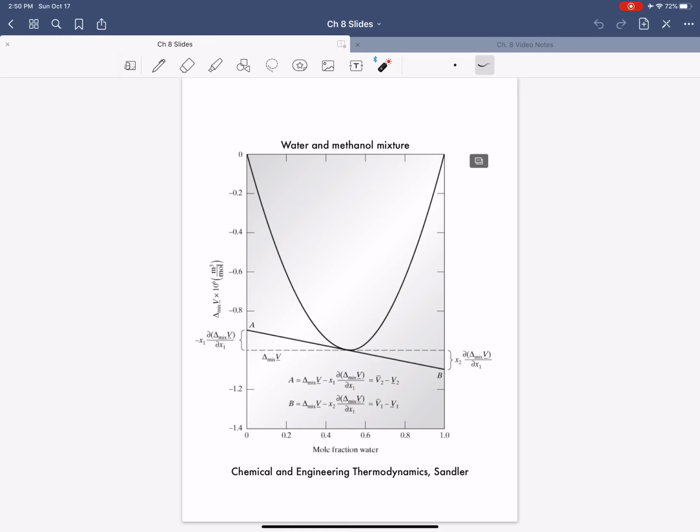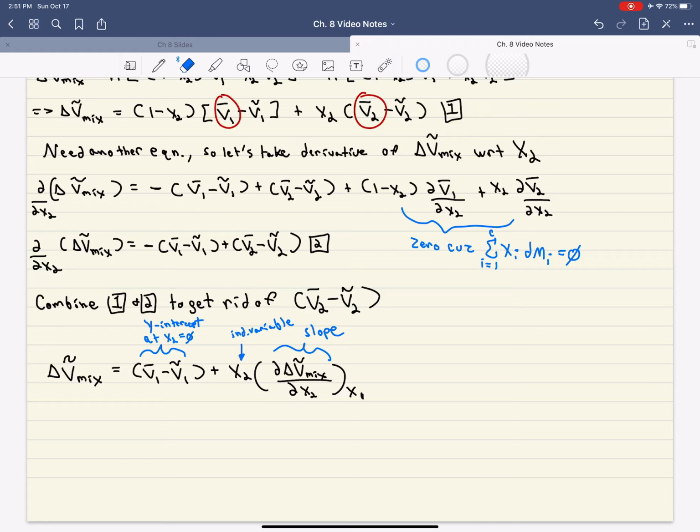If you went to the other extreme, where x is equal to 1, that intercept would correspond to V2 bar minus V2 squiggly.